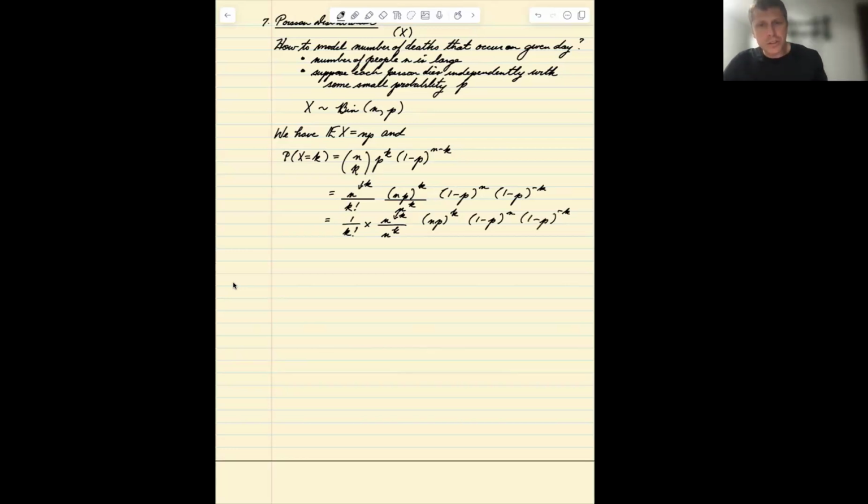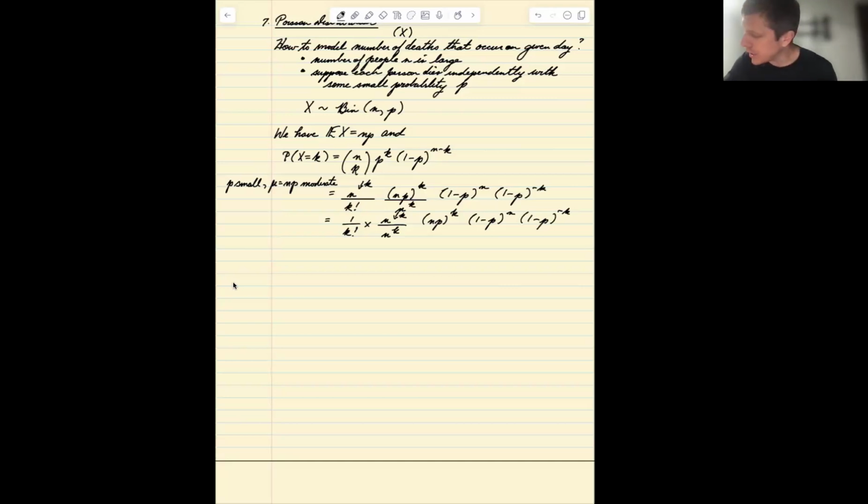And now what we want to assume is, for large values of n, very small values of p, and the mean mu, which is n times p, is of moderate size. So the average number of people who die on a given day might be 2. But if there's 1 million people in a city, p is very, very small.